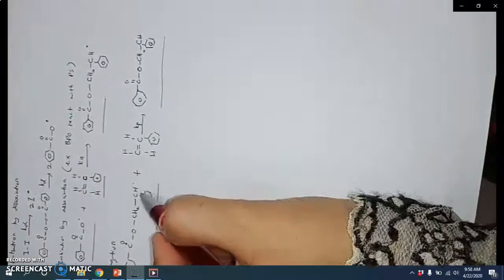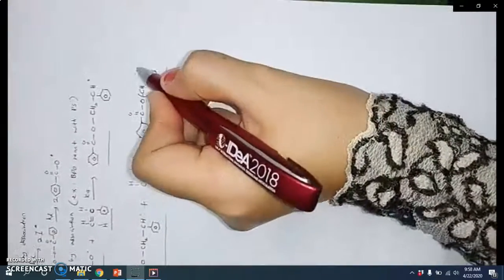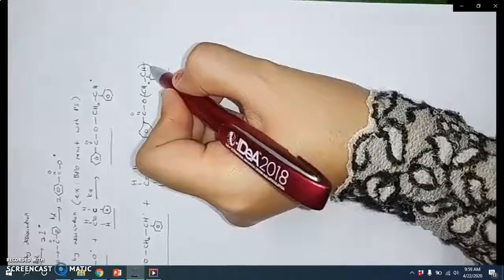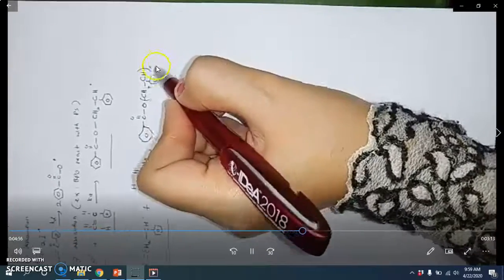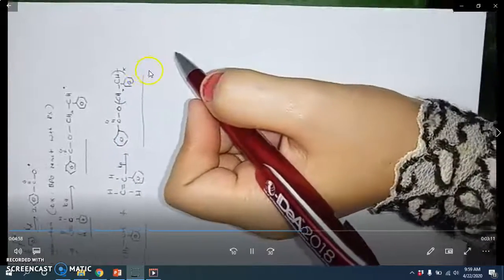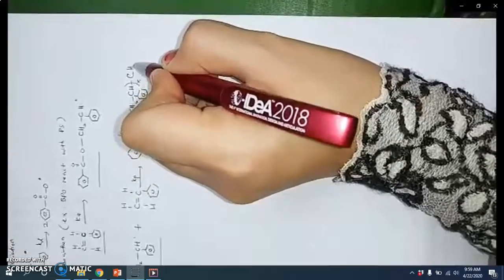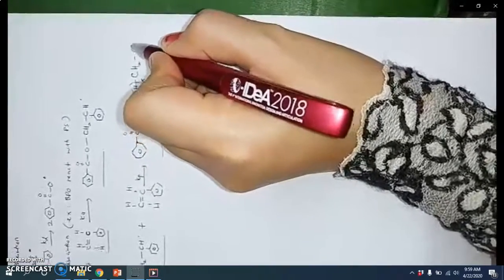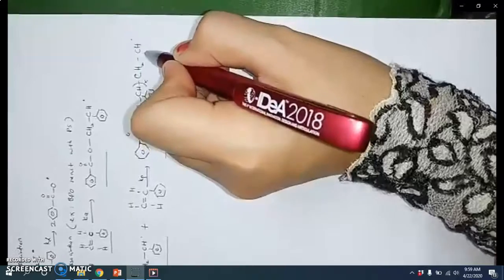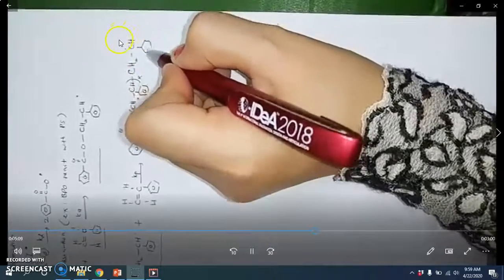Okay, make a bracket here, and then with the x number of propagation. Then continue with the addition of monomer styrene at the end of the chain. Don't forget the active site here.